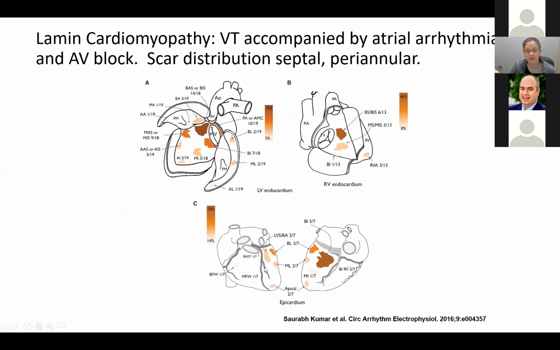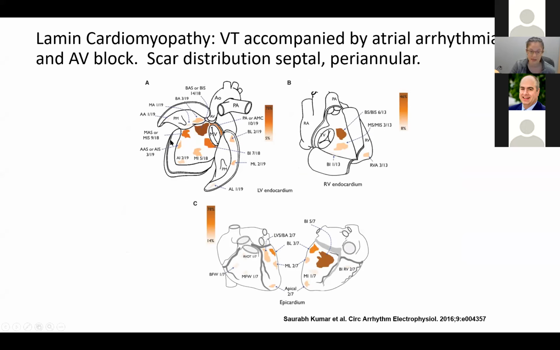This is another series that we published looking at Lamin cardiomyopathy, and just to remind you, this is a sort of triad of patients with atrial arrhythmias, usually atrial fibrillation and AV block, as well as ventricular tachycardia that's monomorphic. And these are just a distribution of where we found VTs in these folks with Lamin cardiomyopathy that went for VT ablation in a multi-center series.